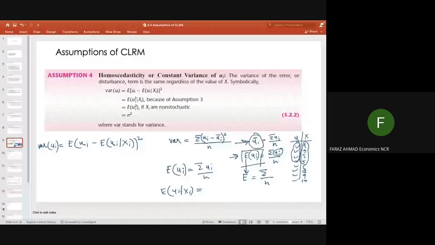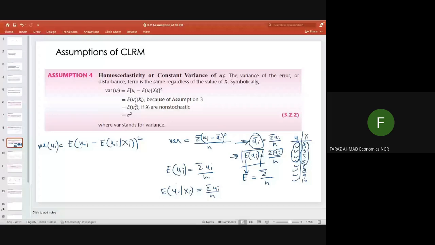But when you talk about the conditional mean, or ui given xi, in that case you will take only some u's which are relevant to this case where x assumes some value. Corresponding u's will be taken, and then again you will do the same thing. You will add all the u's which are relevant and then divide by the number of u's, right? So that's the difference between the conditional mean and the unconditional mean, right?